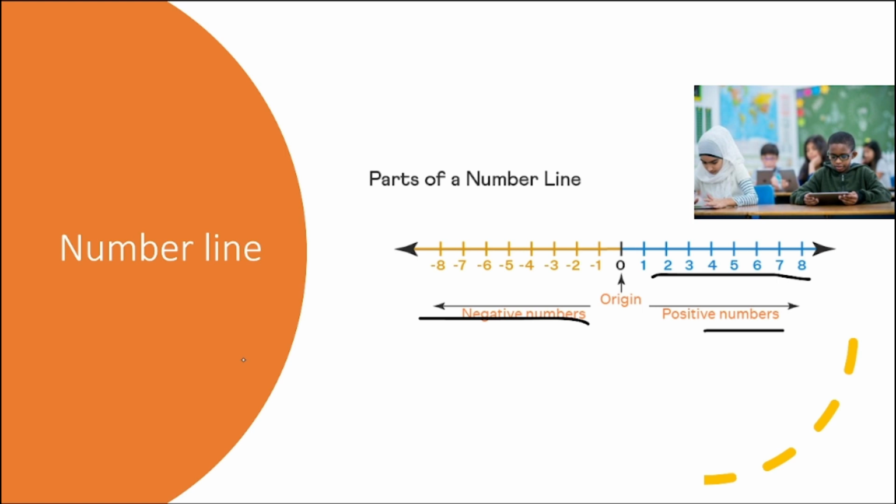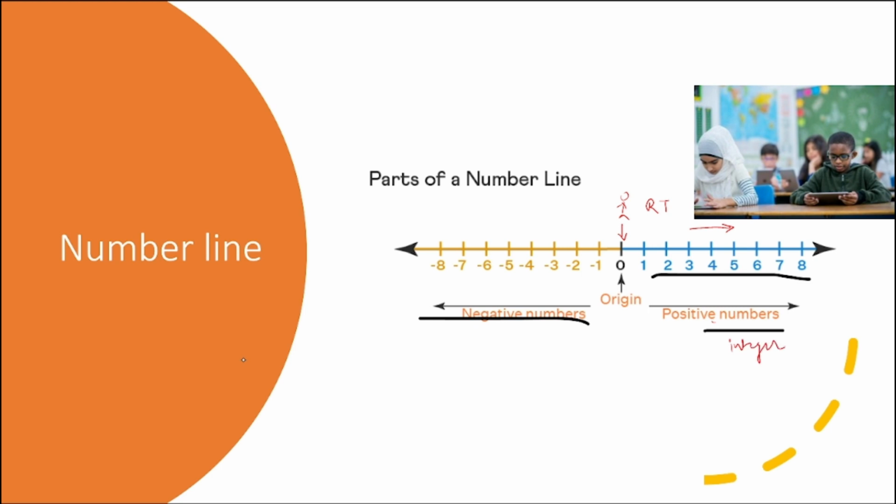Okay, move to the number line again. We have learned that in our number line, when we move to the right direction, the value of the number increases, and these are the positive numbers, called positive integers.